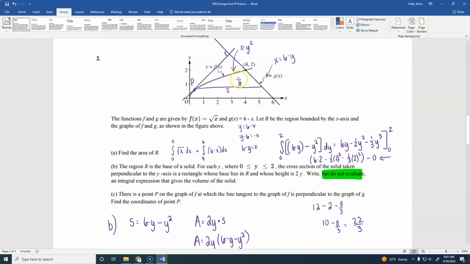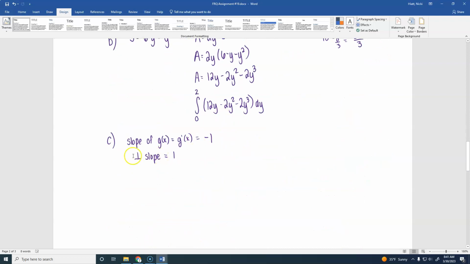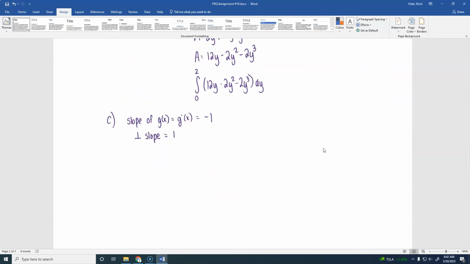So we know this line right here has a slope of -1, and we know this slope right here should be positive 1 for this to be the case. So when we're talking about that perpendicular slope, we know that f is going to have that perpendicular slope. How do we talk about the slope of f? F prime. So f is just the square root of x, which I'm going to write as x to the 1/2 power.